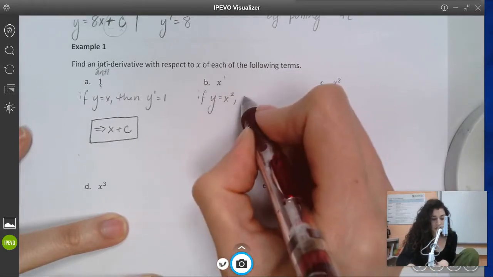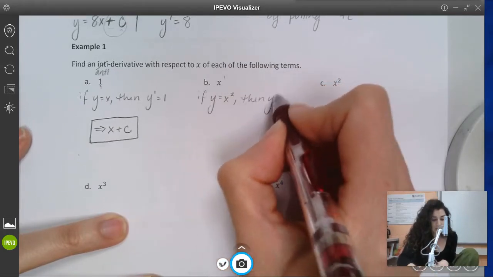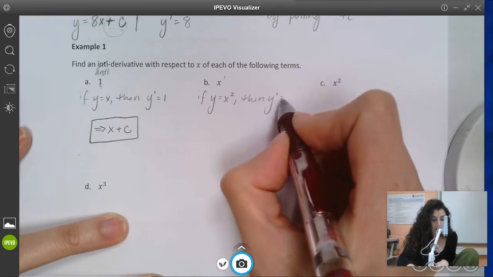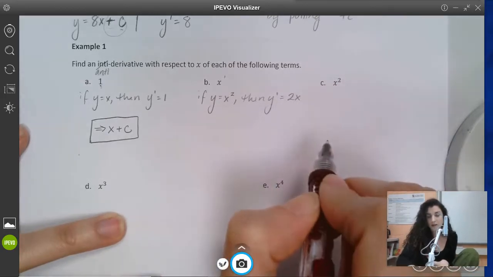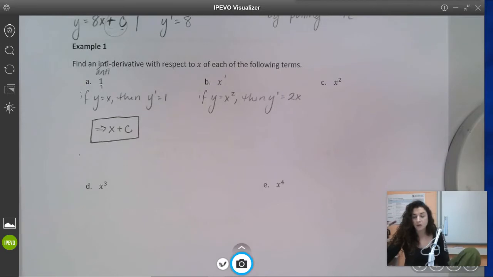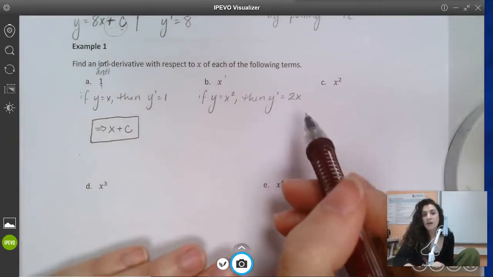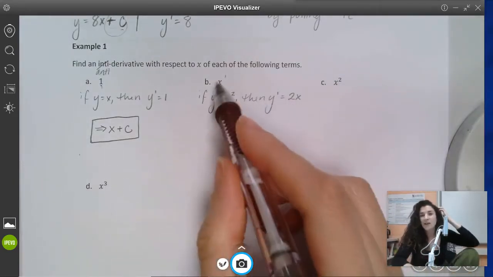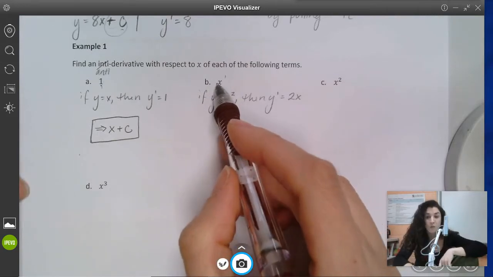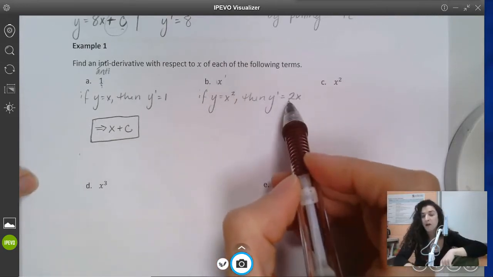But just realize that y prime of x squared is 2x. It's not just going down in the exponent. You're also multiplying that exponent to the coefficient. And so with that, we need to realize that it's not 2 in front of here, it's 1. So we're doing half of this guy.